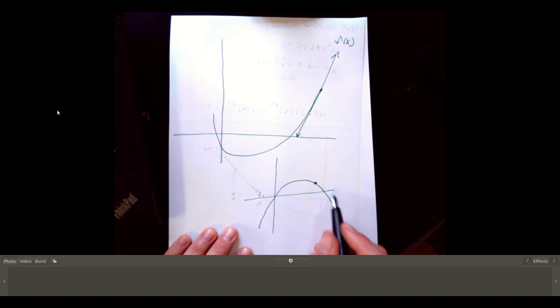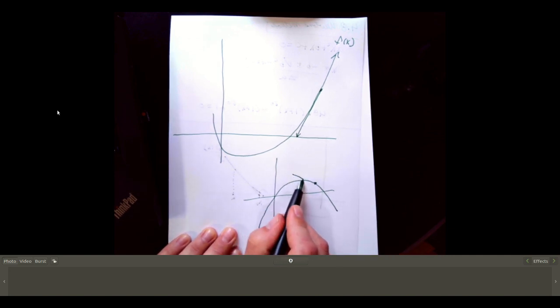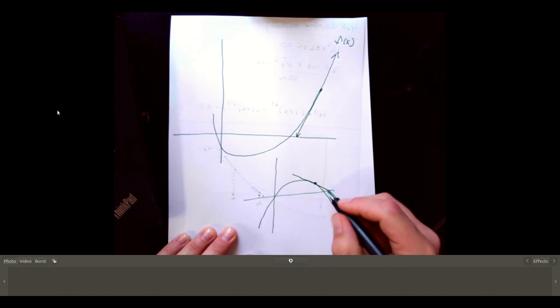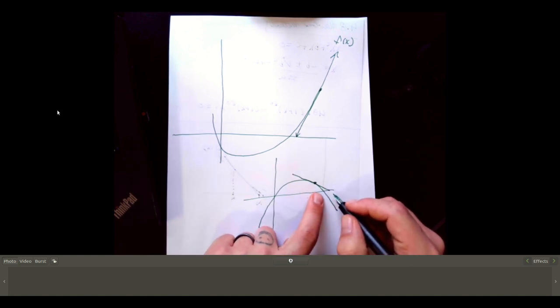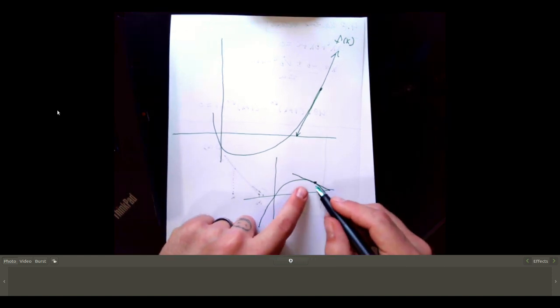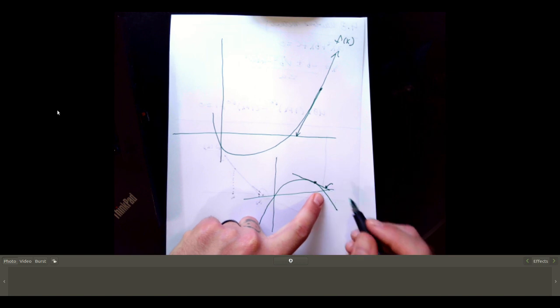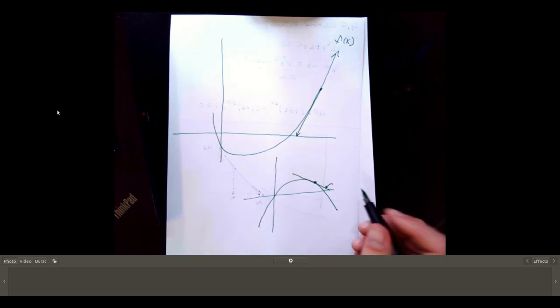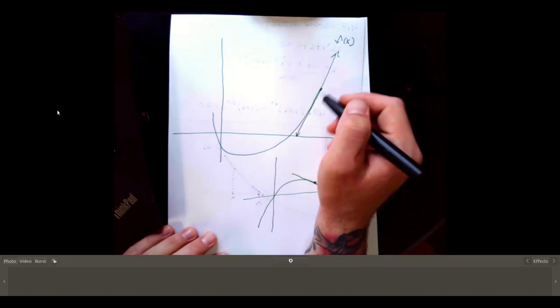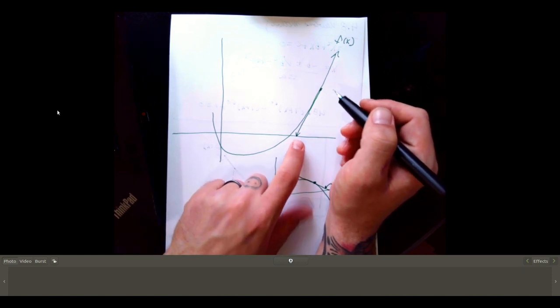If we find the equation of the tangent line here, and if we find its x-intercept, it's always going to be pointing towards a root. And as we get closer and closer to the root, the x-intercept is going to approach the root of this polynomial.